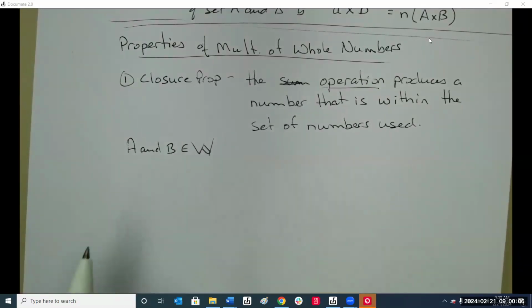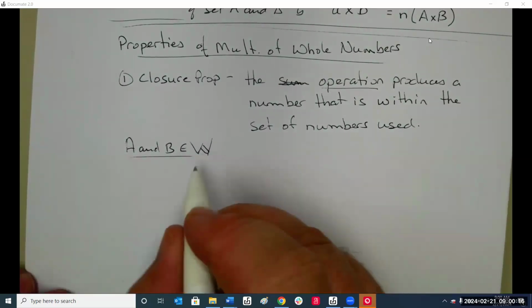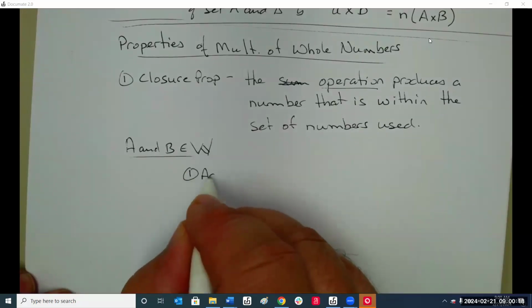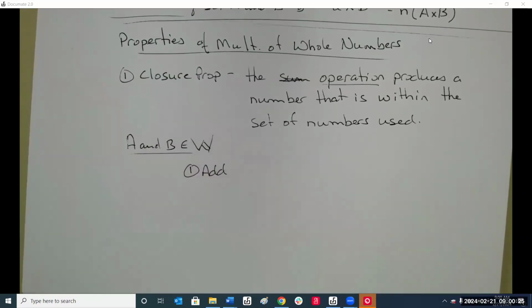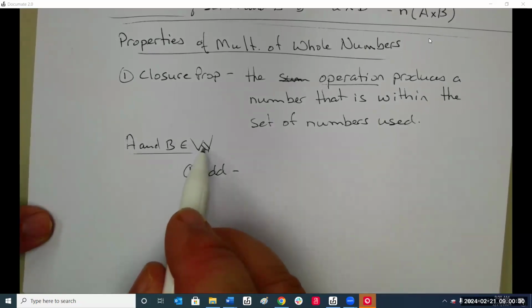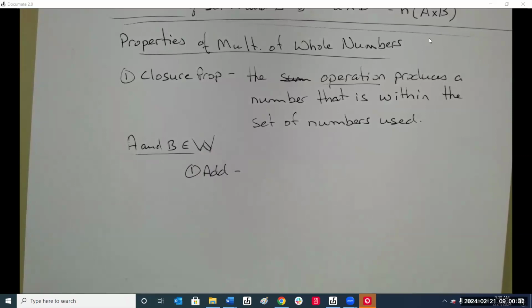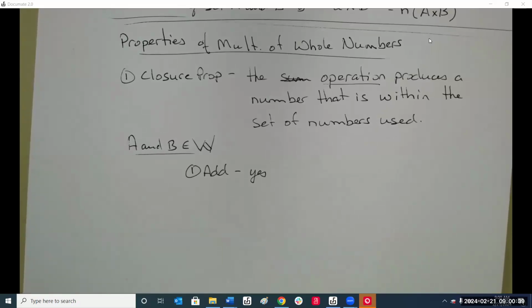So A and B are made up of whole numbers, 0 to infinity. Is addition closed under the closure property? In other words, if I add two numbers that are whole numbers, will they give me an answer that's also a whole number? Yeah. If I add two numbers that are whole numbers, the answer has to give me a whole number.